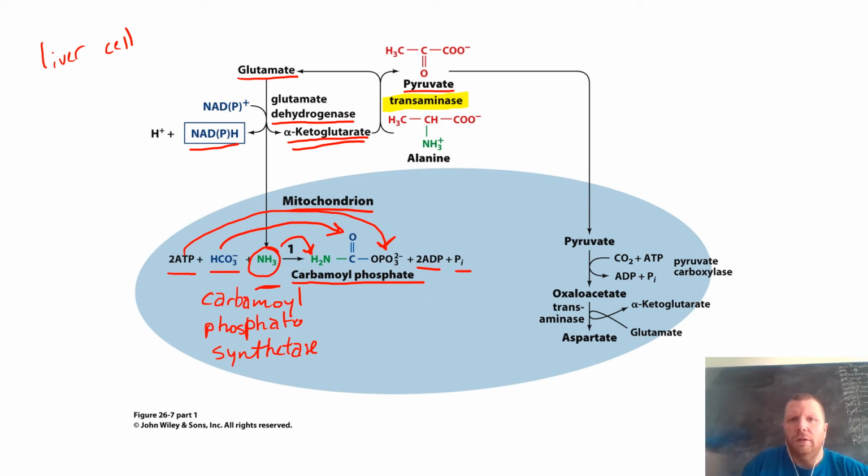The other product that we had was our pyruvate molecule, the pyruvate that evolved from our transamination reaction. One fate of this is that it can go on to ultimately provide a source of glucose through gluconeogenesis, because again, we are in the liver, so the liver is capable of doing that.